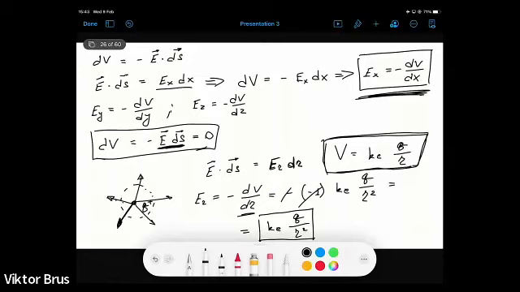Later we will have some examples of doing this which are more complicated. But this is the simplest but straightforward proof of this relationship and this possibility.